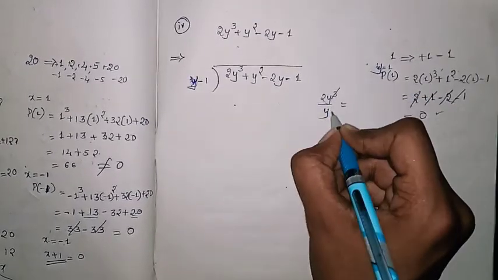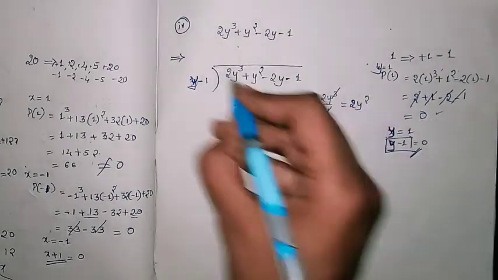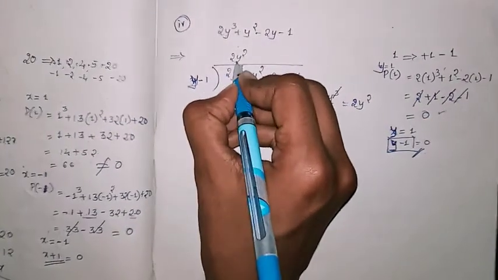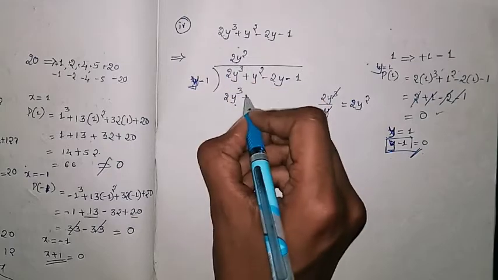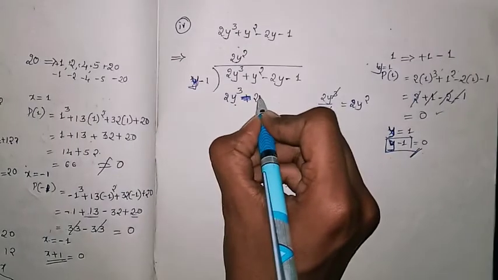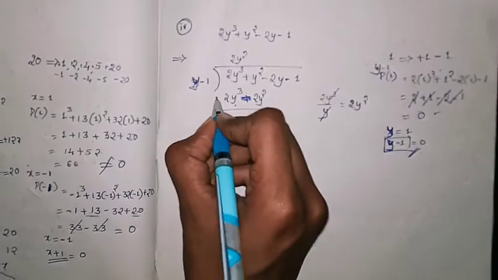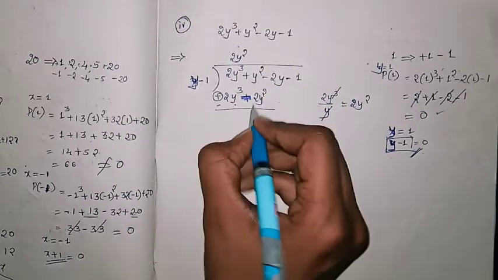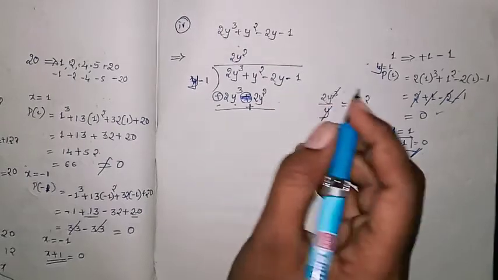So y in y cube, y cancels, means 2y square. So 2y square into y, that is 2y cube, plus 2y square minus 2y square. Okay. Change the sign. Positive changes to negative and negative changes to positive.